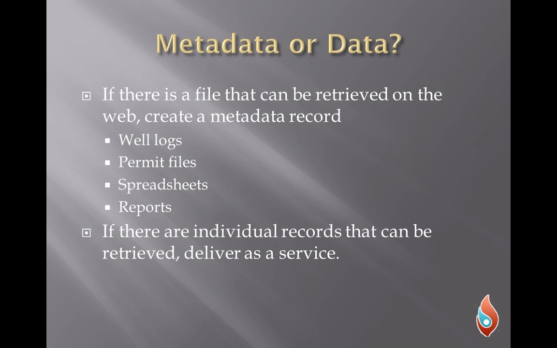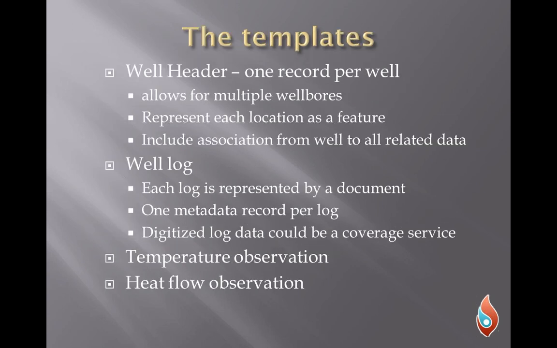And when you retrieve that record, you also get links to the data that are related to that well that might have their own metadata records. So the well feature, the well header record, might have the URLs that will get you all the logs, but each of those logs also has a metadata record that allows you to find the log directly. And we'll, again, look at this a little bit more.